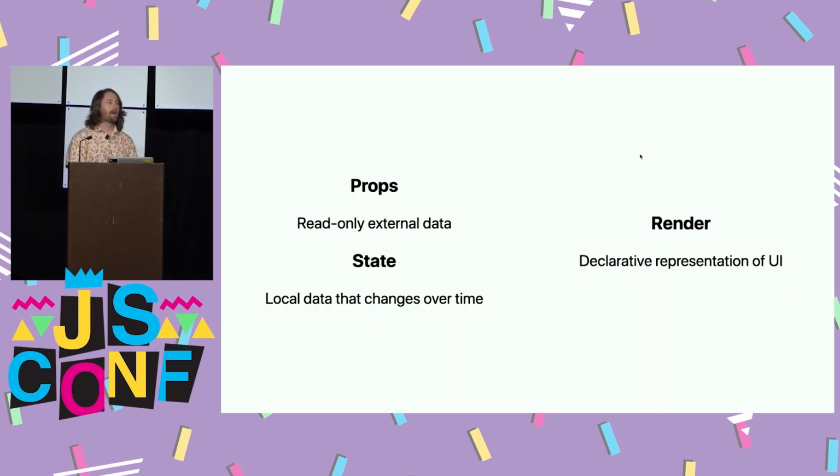Props, I think of as read-only external data. They're basically the parameters to your render function. State is local data that changes over time. And your render is a declarative representation of the UI based upon the current props and state.